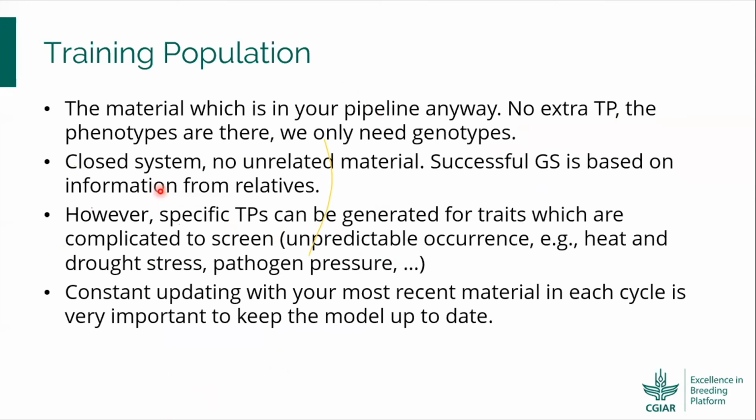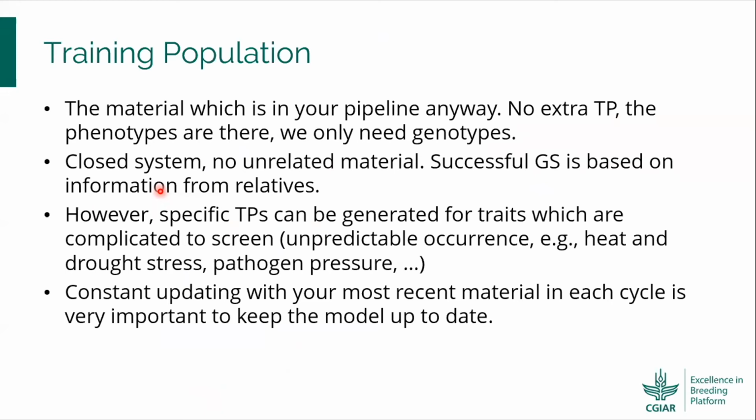Let's go very quickly to the training population. The general advice, and this is probably the most important recommendation for training population, is to use as training population the material and the phenotypes that are generated in your program.